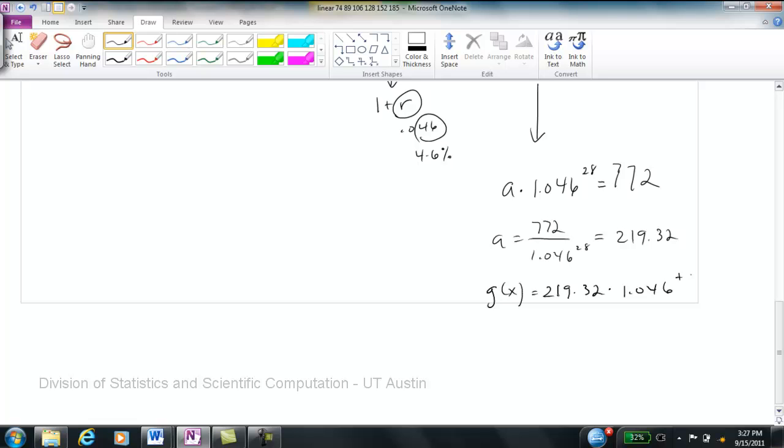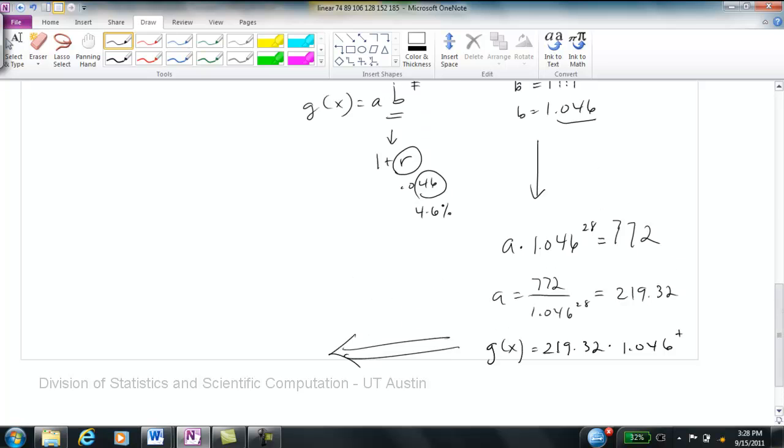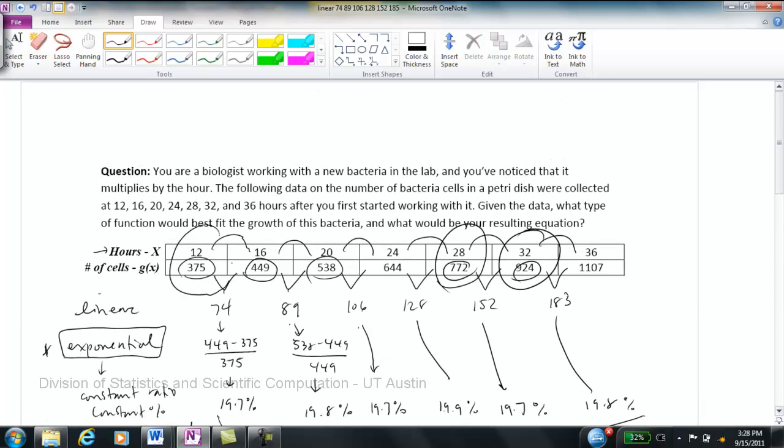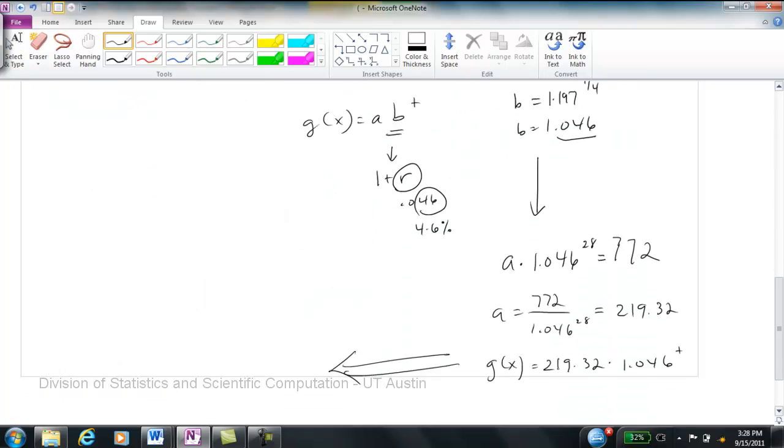Well, before we go ahead and just declare this the answer, let's plug in some data that we didn't use to calculate this equation to make sure that it works. So let's go all the way back to the very beginning at the 12-hour collection point. At t equal to 12 hours, we see that it's 375 bacteria. So let's just plug it in.